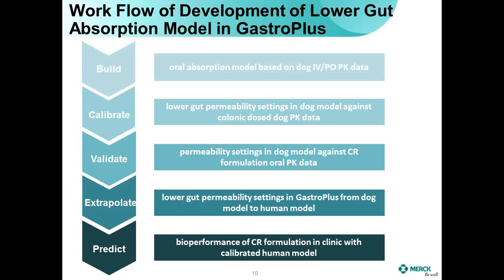Then we validate the permeability settings in the dog model against the PK data of orally dosed controlled release formulation. Afterwards, we extrapolate the lower gut permeability settings in GastroPlus from the dog model to the human model using the ASF scalar, which I'll describe in the next slide. After that, we can predict the bioperformance of the CR formulation in clinic with the calibrated human model.